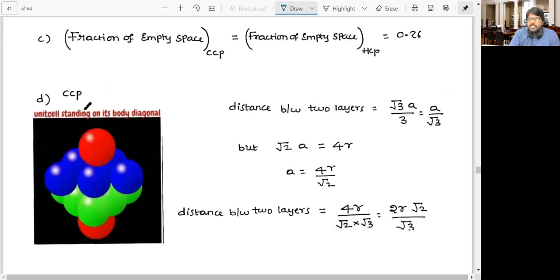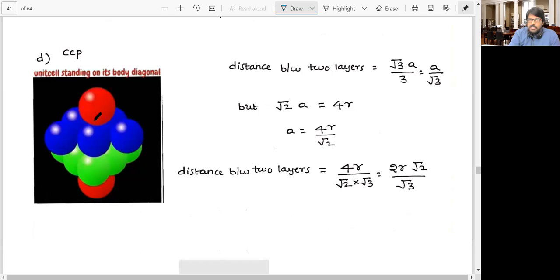So first let us take CCP. Again here, if you want, you can watch that video where I explained the layer view clearly. The CCP unit cell is standing on its body diagonal. I'm taking the vertical height. So this is the body diagonal. This is a particle of the first layer, second layer, third layer, fourth layer. Now this distance is root 3 a.